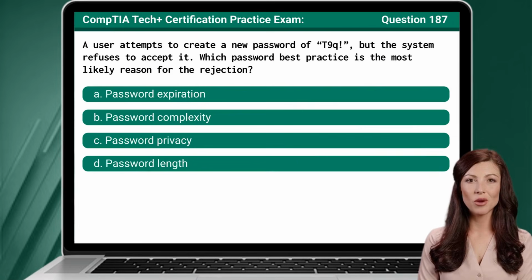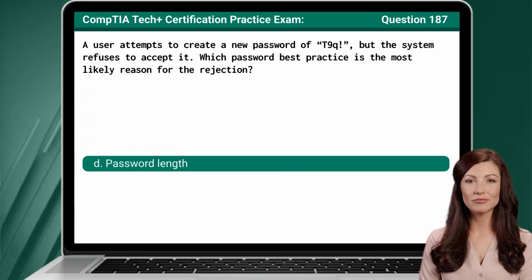Question 187. A user attempts to create a new password of T9 lowercase q exclamation point, but the system refuses to accept it. Which password best practice is the most likely reason for the rejection? The answer is D. Password length.